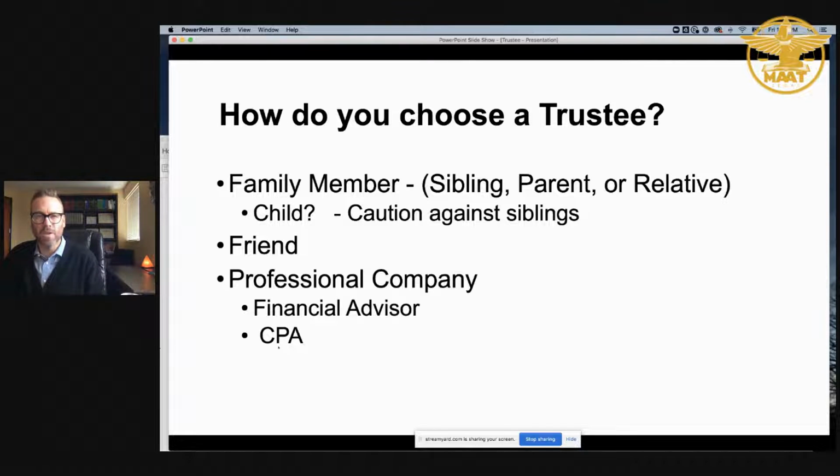It used to be more often that CPAs would serve in that role, but it seems less often. And some of the older trusts I see, they have a CPA named, but it's not as common anymore. I think a lot of companies don't allow them, so CPA companies may not allow for them to serve as the trustee. Or you could name your attorney. You can see if your attorney is willing to serve as the trustee in your plan.